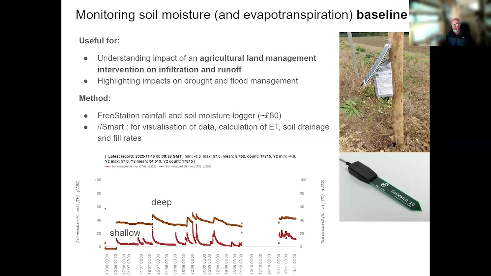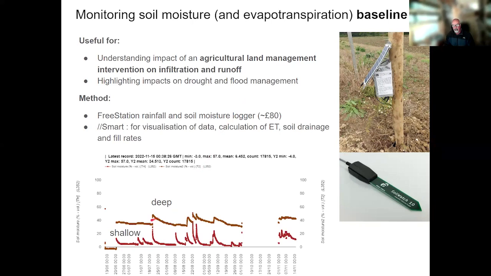If we're interested in soil as a means of natural flood management, then monitoring soil moisture and evapotranspiration as a baseline can involve a station like this, which is on the edge of a field, with sensors like this underground, helping us to understand how much water is going into the soil, how much water therefore is flowing over the land, the difference between the incoming soil moisture and the rainfall.